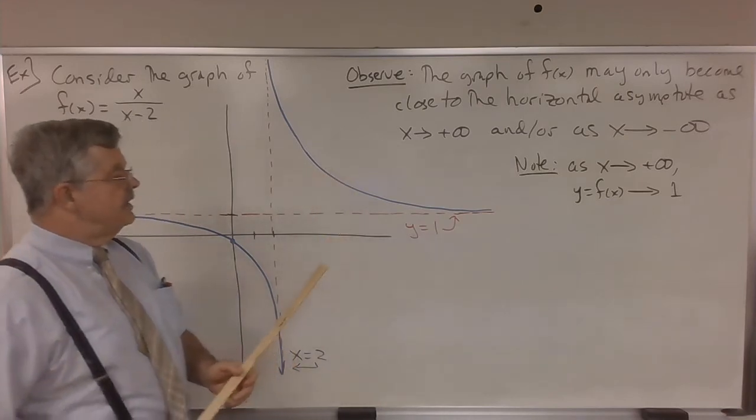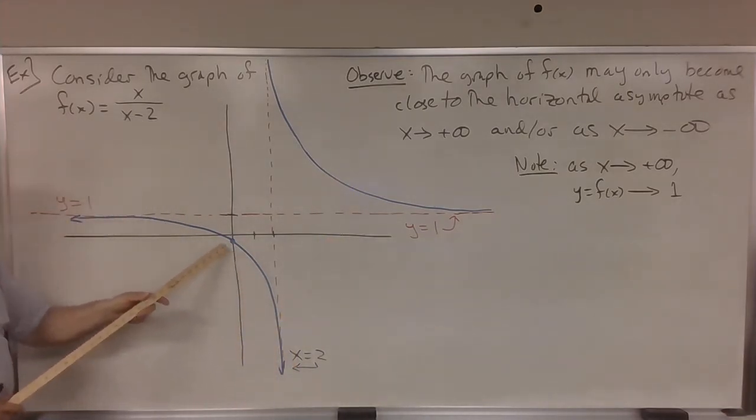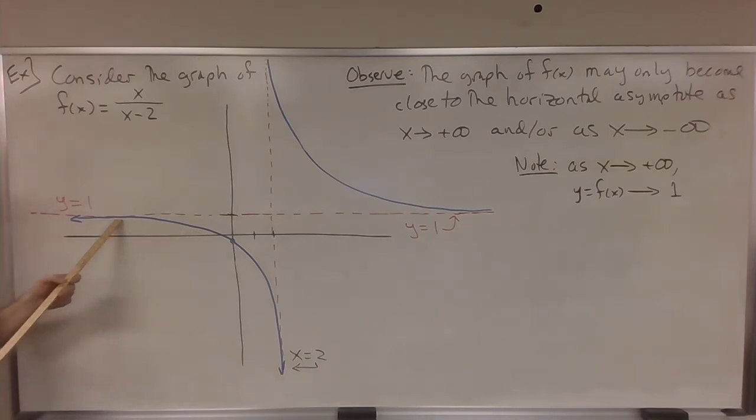And the same thing is true as x approaches negative infinity. As x approaches negative infinity, the y coordinates of the points on this graph are darn close to y equal 1, the y coordinate of the points on the asymptote.